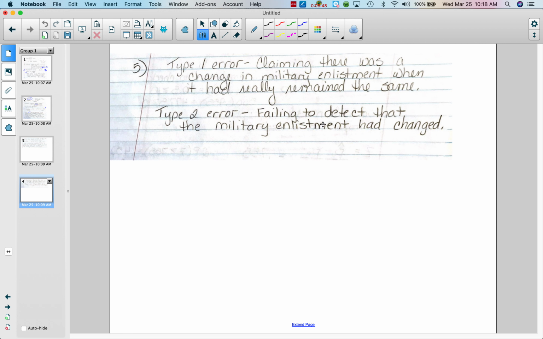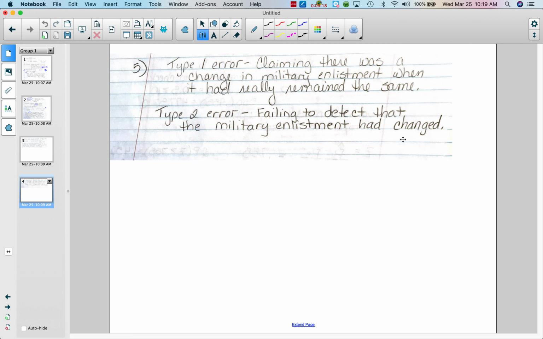Now, a type 2 error, you want to be a little bit careful, because what it means is we don't have enough evidence to reject the null hypothesis, but it really has changed. So I'm failing to detect that the military enlistment had changed.